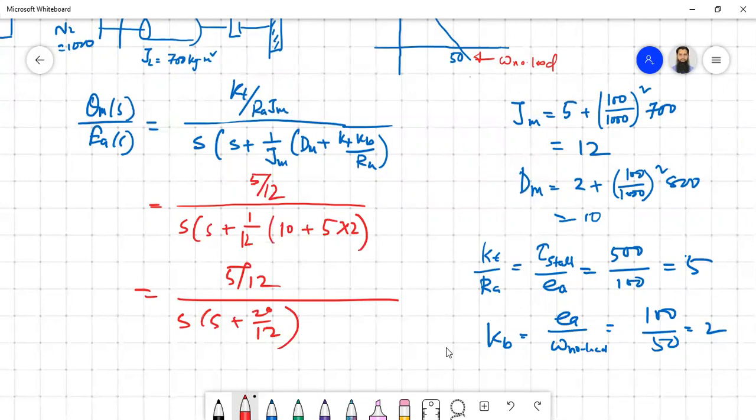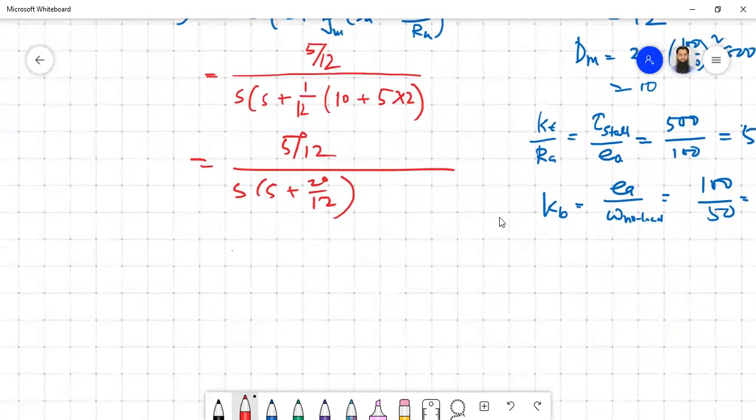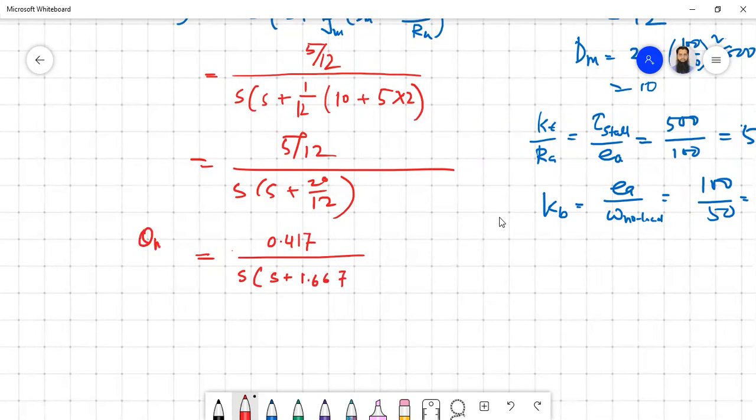So 5 by 12 is basically 0.417, and then you have S plus 1.667. So this is theta m by Ea(s).